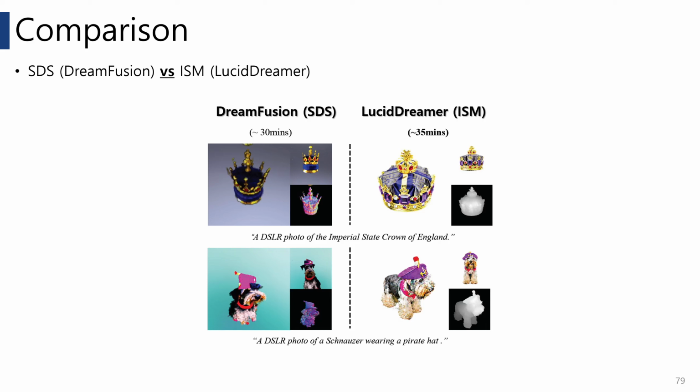While the traditional SDS method produced blurry and low-quality 3D models, LucidDreamer, which introduced ISM, generates highly detailed and high-quality 3D models.